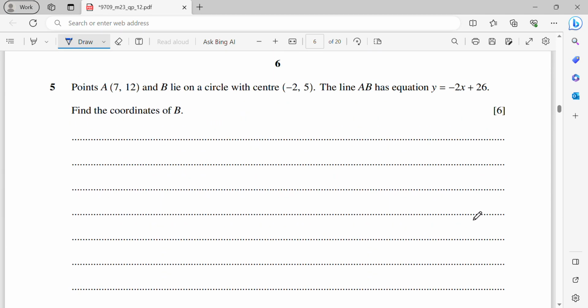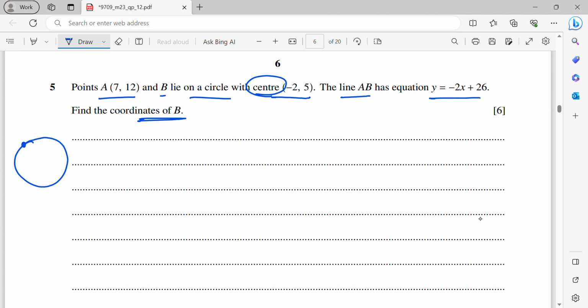Okay, now for question number 5. Point A with coordinates 7, 12, and B lie on a circle with center -2 and 5. This is the center. Now, the line AB has equation y equals to -2x plus 26. Find the coordinates of B. So from here, we know that A and B will be on the circle.